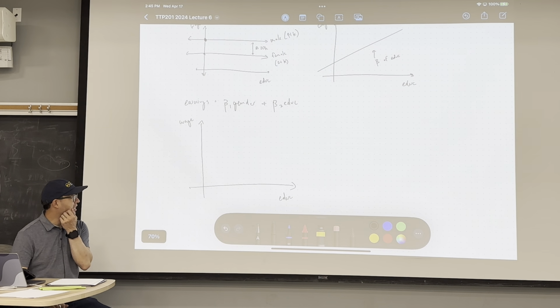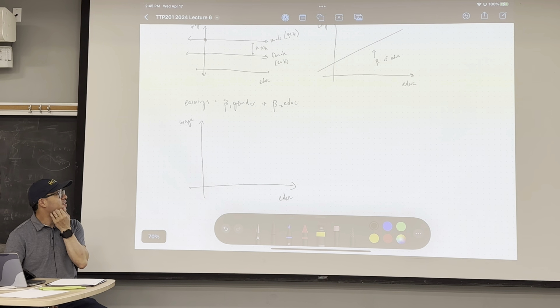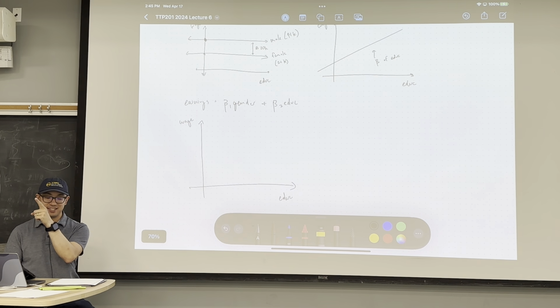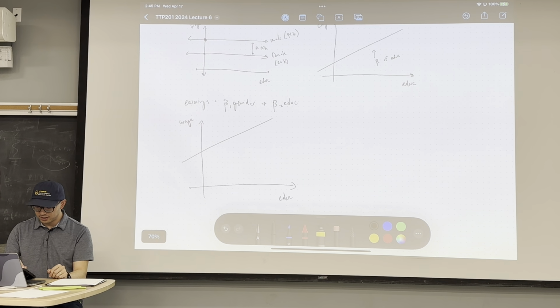Does anyone want to guess what the plot will look like? Yes. It looks like the one above it, but where the lines are slanted. Yes, exactly. I will have two parallel lines here and here. Okay, and the bottom one will be female, the top one will be male.